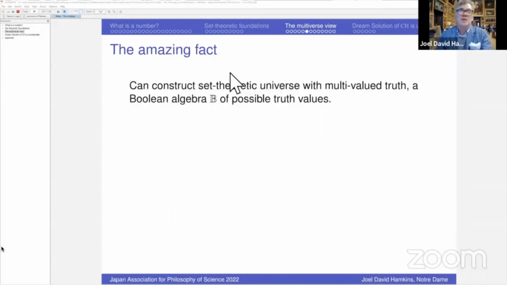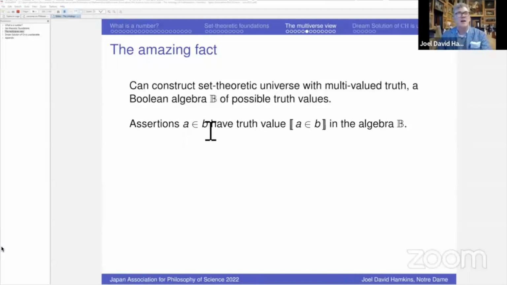So there's an amazing fact underlying a lot of those arguments, and that is, imagine that we should build the set theoretic universe, but not with just 2-valued truth, but multi-valued truth, a Boolean algebra of possible truth values. So we will form sets and build the cumulative hierarchy where the set membership relation might have a truth value that's not just true or false, but it could be some element of this Boolean algebra.